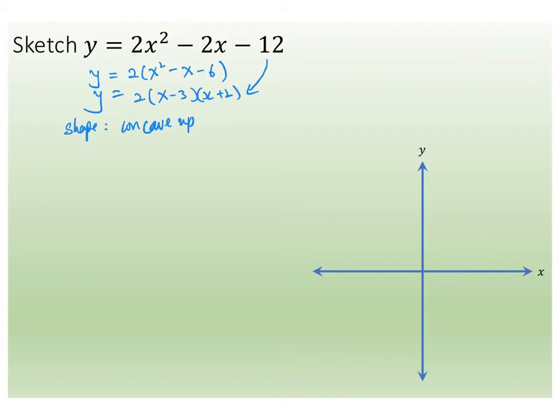Alright, the y-intercept, reading from the general form, is 0, minus 12. Then the roots are actually 3, 0, and minus 2, 0. And then the axis of symmetry.